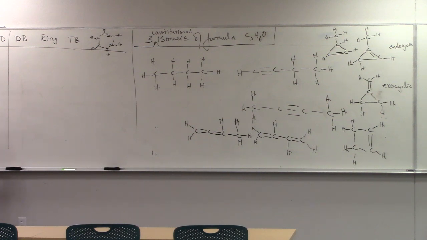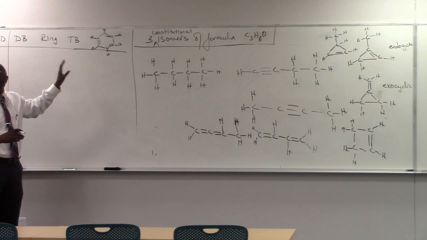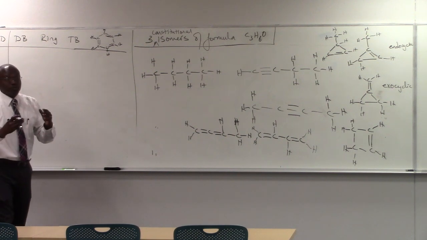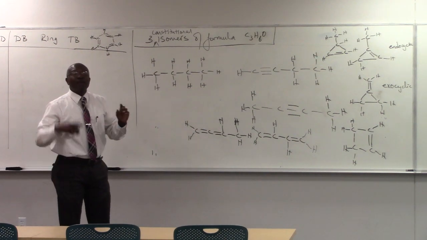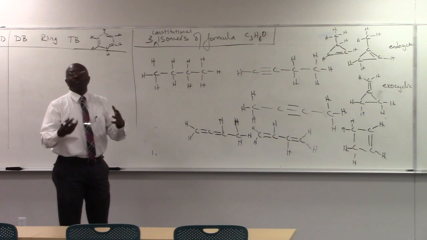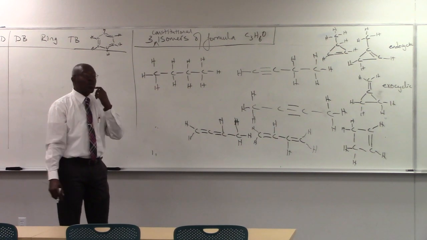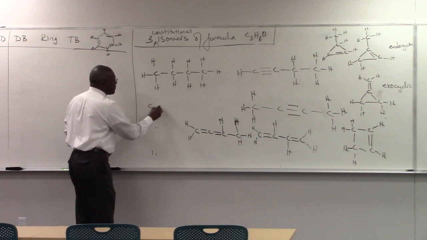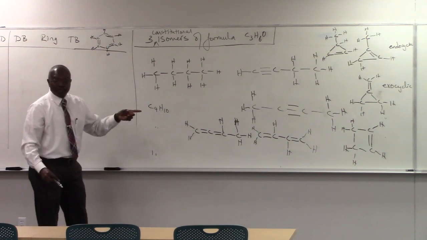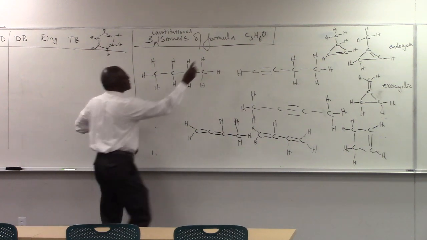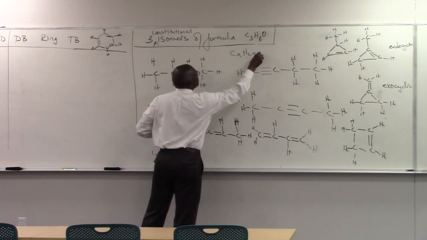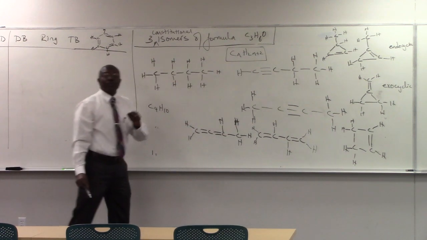So if a compound has 0 HDIs, what of these structural features am I allowed? Right? So if you ask me to draw a compound formula C4H10, do I have to look out for a potential double bond, a potential ring, a potential triple bond? Let's see. C4H10, I will compare that formula to that of the corresponding alkane, CnH2n plus 2, that has the same number of carbons.